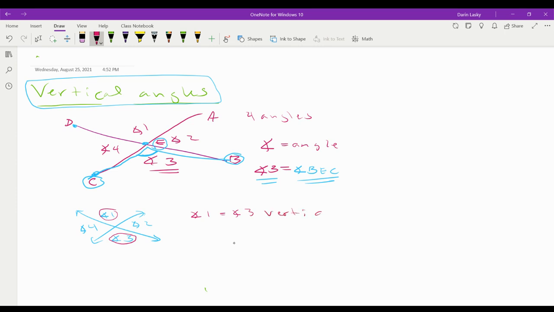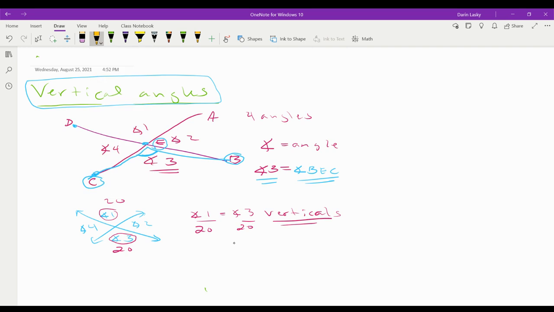I said something really quick right there: they're equal to each other. So if this one's 20, then this one's 20. If that's 20, then this one's 20. That's the property of verticals. Vertical angles, the ones across from each other, are the same. So let's change color here real quick.